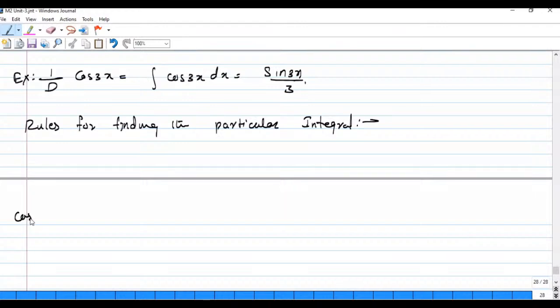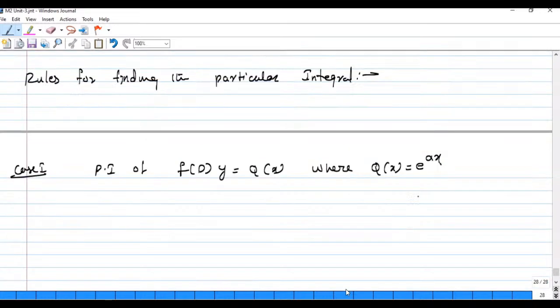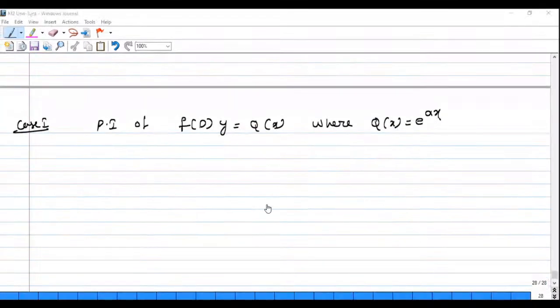First, case 1: P.I. of f of D of y is equal to Q of x, where Q of x is equal to e power x.